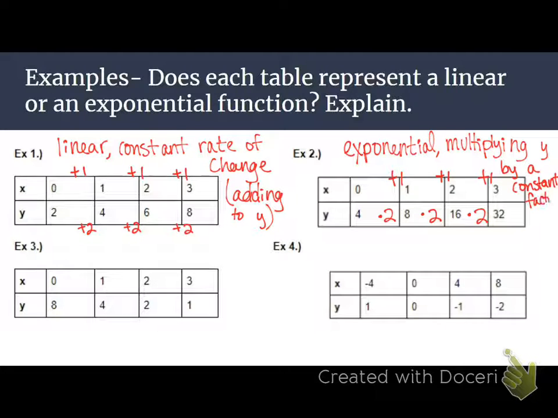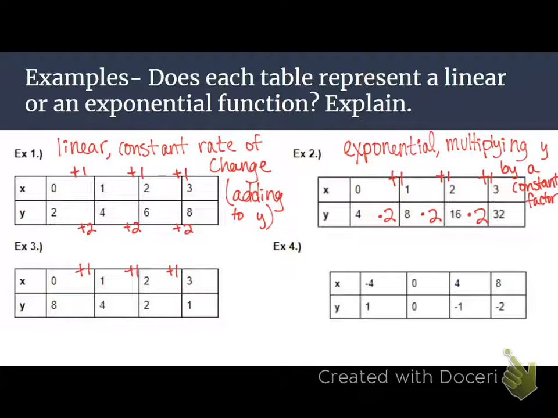Constant factor. Okay, so we got to make sure we're multiplying y by the same thing every time. All right, on number 3, again, x is changing the same way, adding 1.